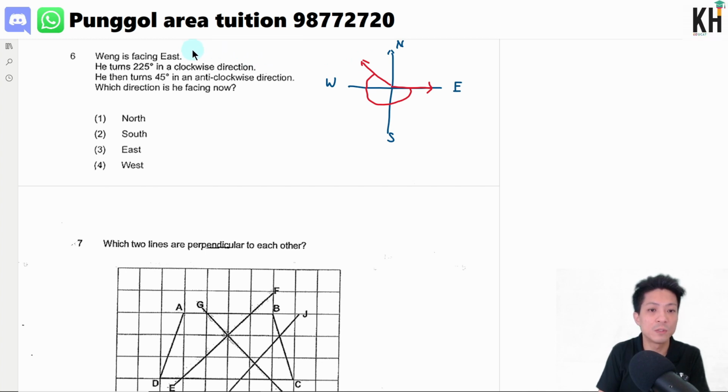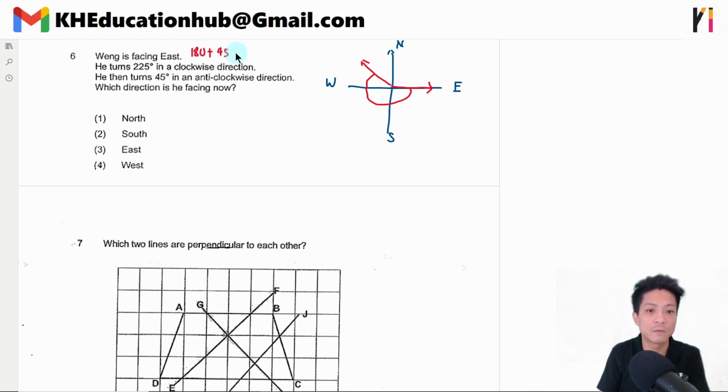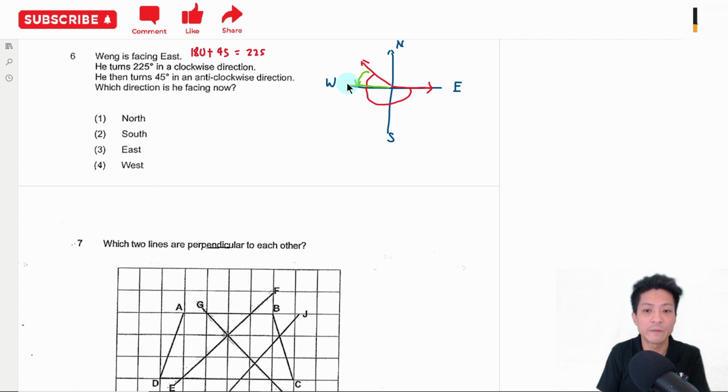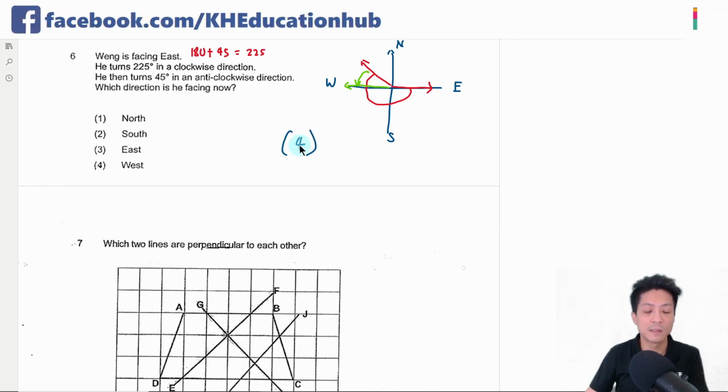So the first thing you need to realize is 180 plus another 45 degree is 225. Okay, so he'll be facing in this direction, and then after that he turns a 45 degree in the anti-clockwise direction. So he turns a 45 degree this direction, and then he ends up facing west. Okay, so number 4 is the answer.